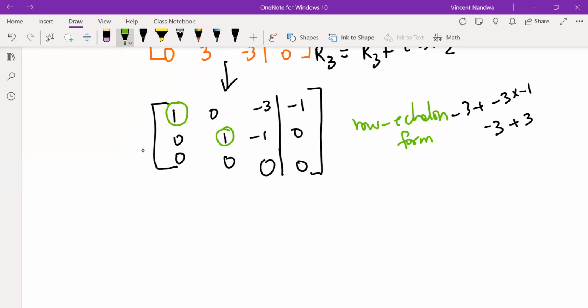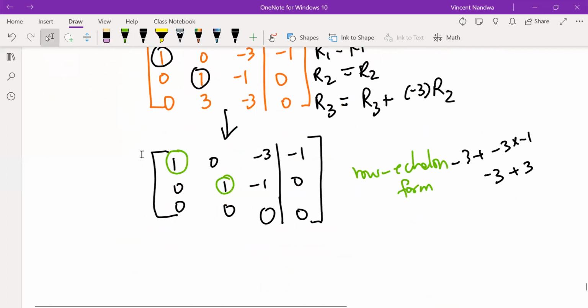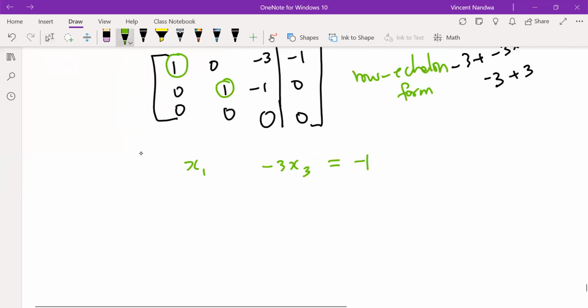Writing in the original system, where the variables were x1, x2, x3, we'll have x1 minus 3x3 equals -1. And from row 2, x2 minus x3 equals 0.